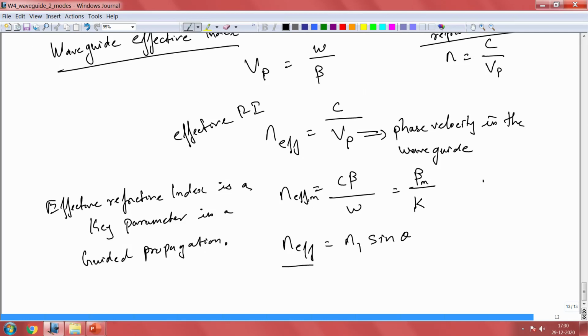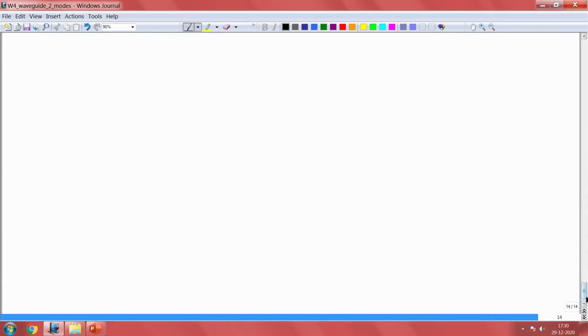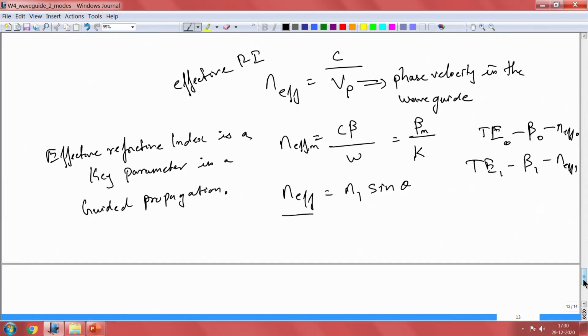A TE0 mode will have beta 0 and n effective 0, and the TE1 mode will have beta 1 and then n effective 1. Each mode will have its own effective refractive index, and the wavelength inside this waveguide is also determined by this n effective.